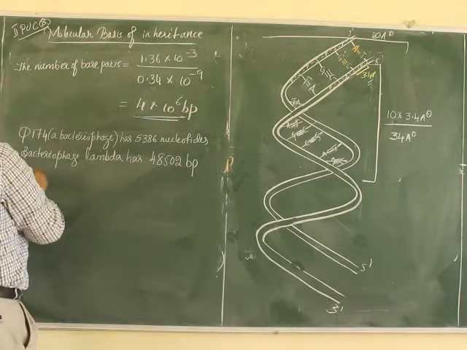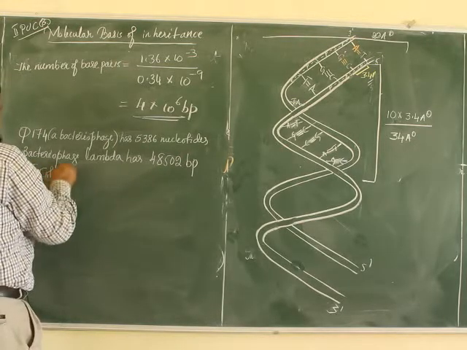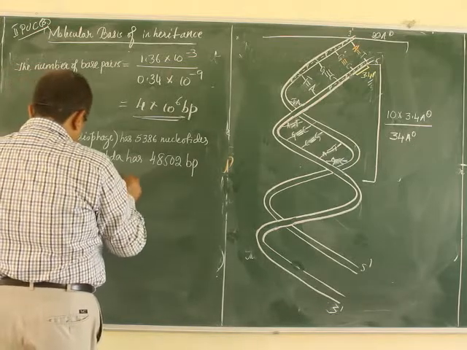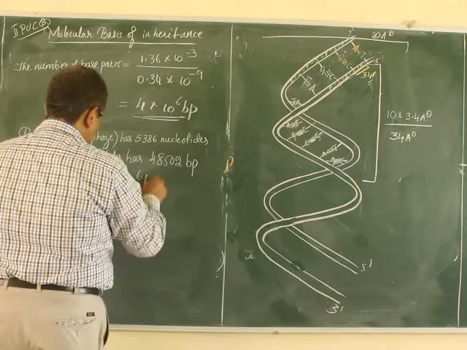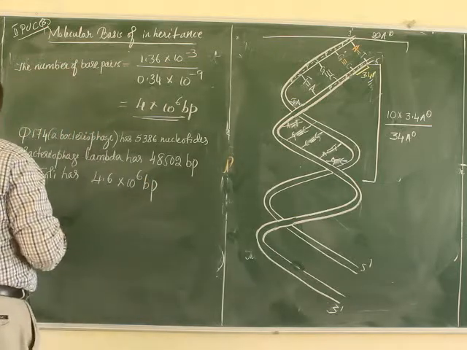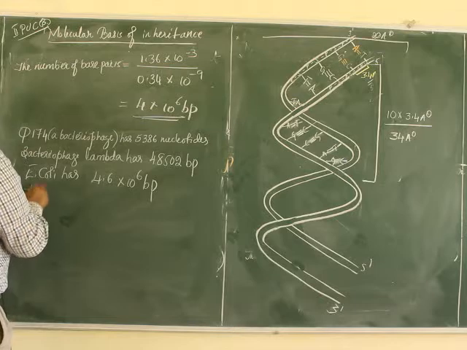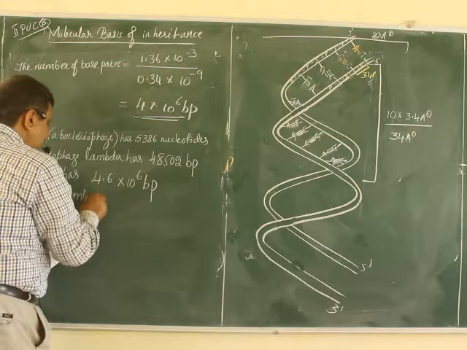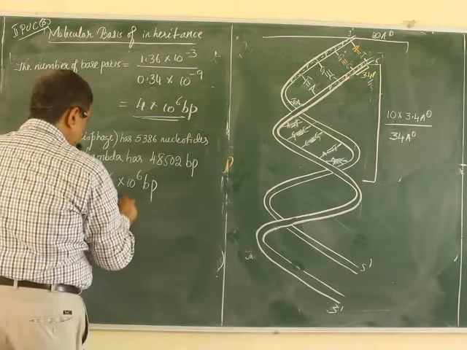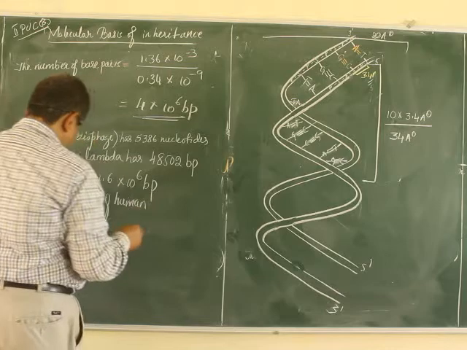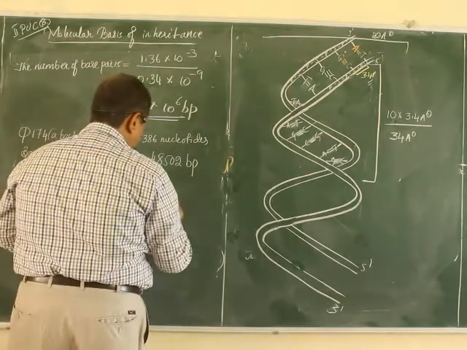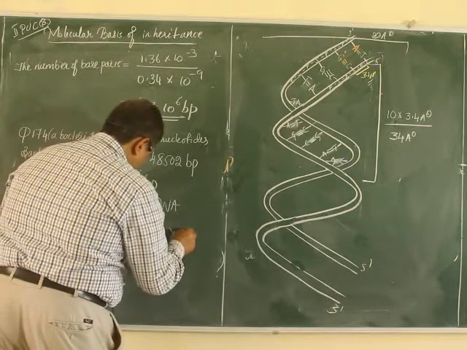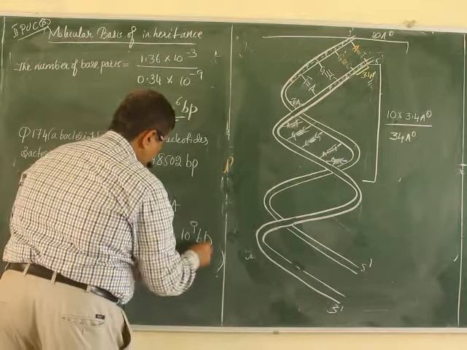E. coli has 4.6 into 10 to the power 6 base pairs. The haploid content of human DNA is 3.3 into 10 to the power 9 base pairs.